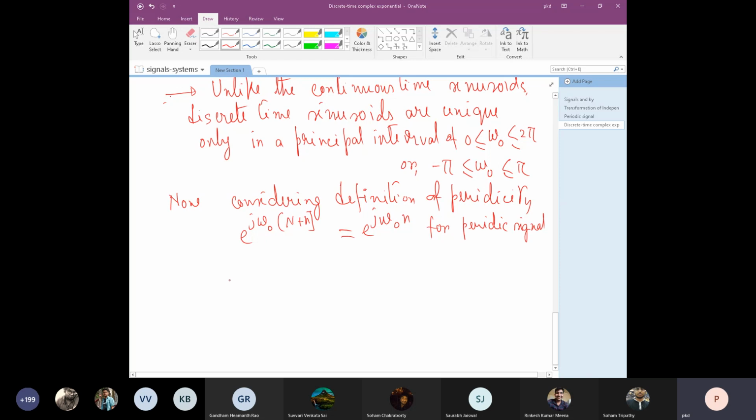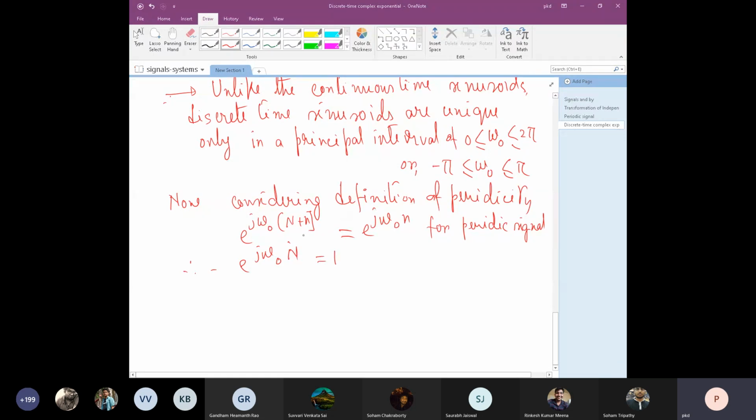So therefore, in this case, exponential of j omega naught capital N equal to 1.